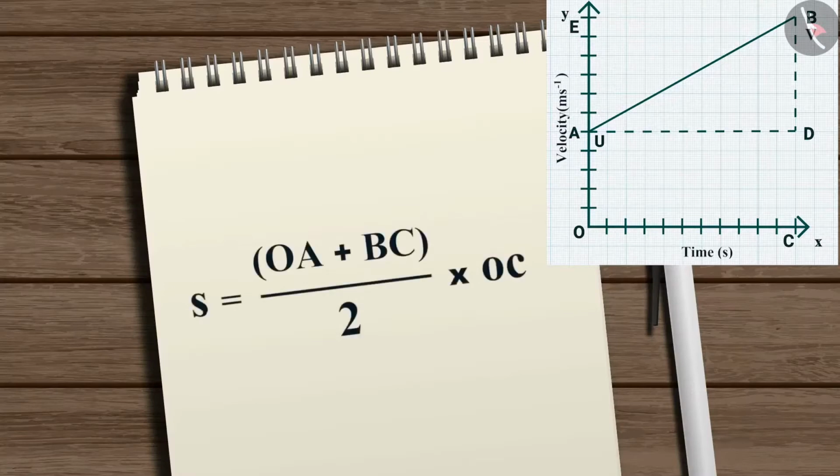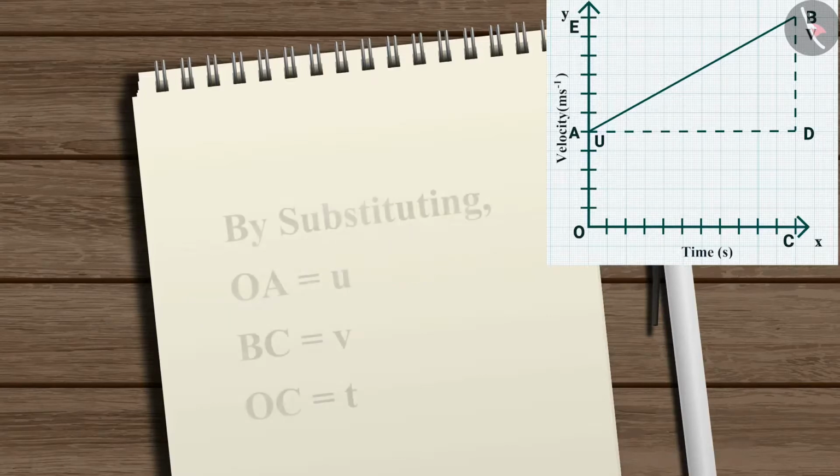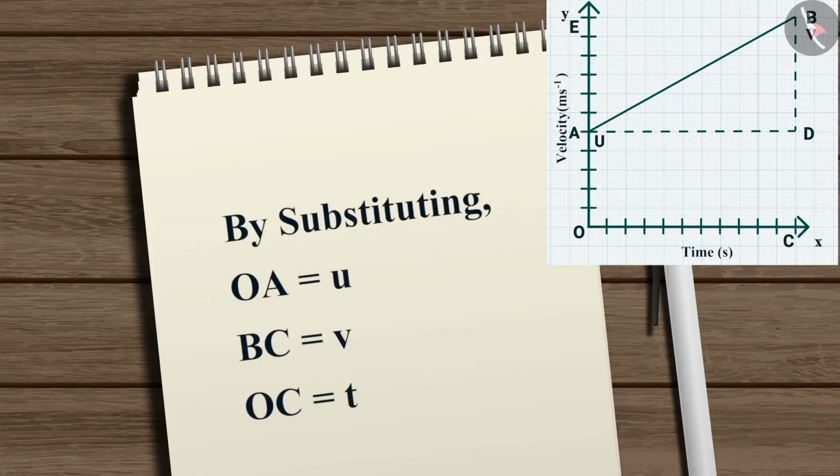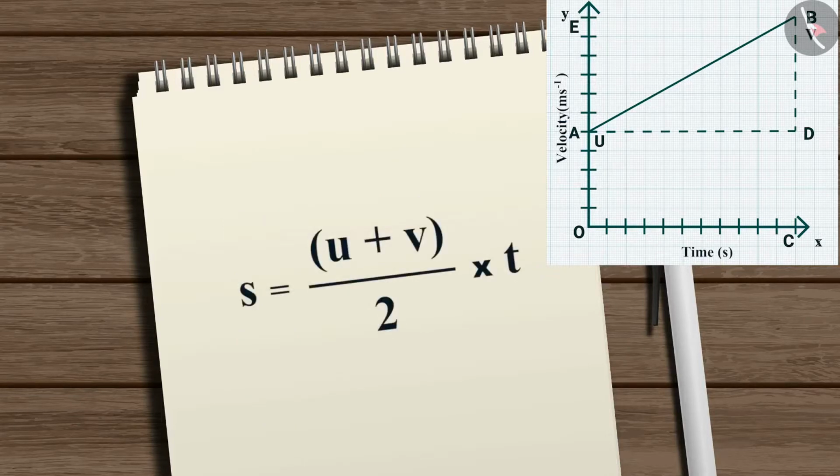Now, by applying the formula for the area of trapezium, we get s = (OA + BC)/2 × OC. By substituting the value of OA = u, BC = v and OC = t, we get s = (u + v)/2 × t.